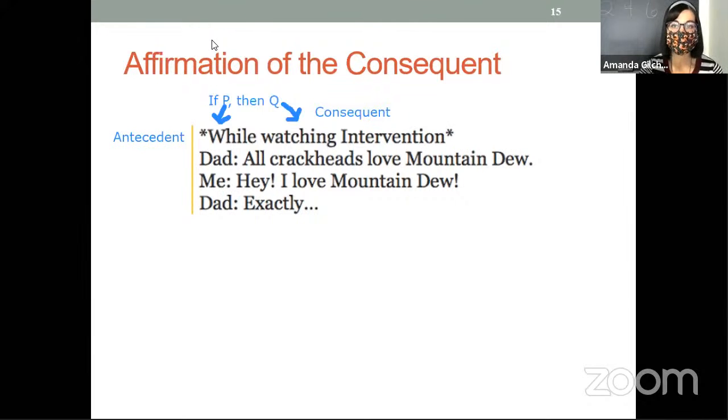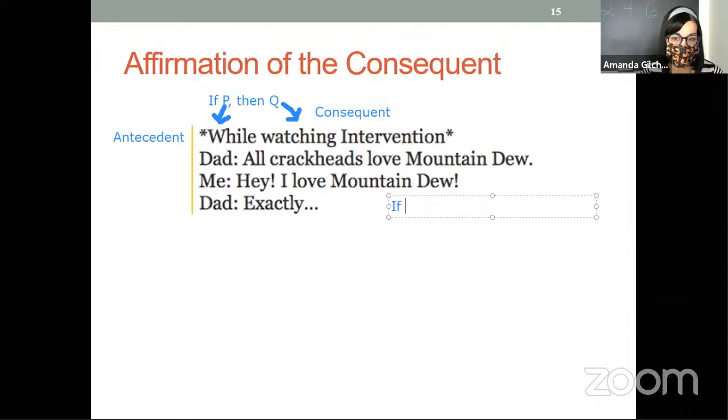So this is technically an affirmation of the consequent. So let's kind of write out this argument in a more deductive form. So if you are a crackhead, you love Mountain Dew. So that's the first statement. So this is our antecedent. You are a crackhead.